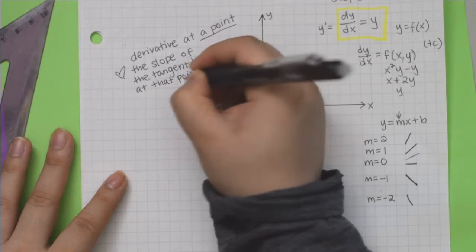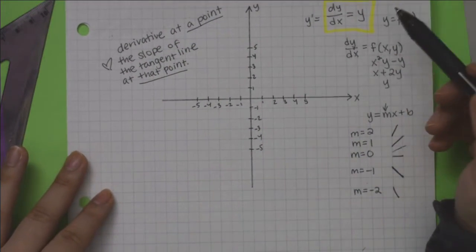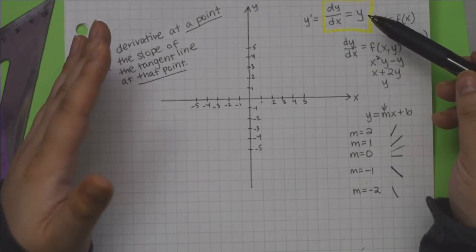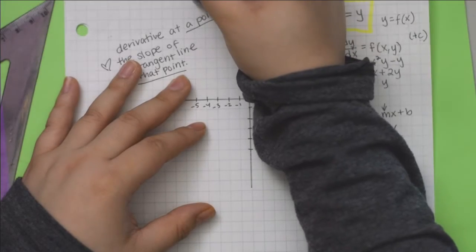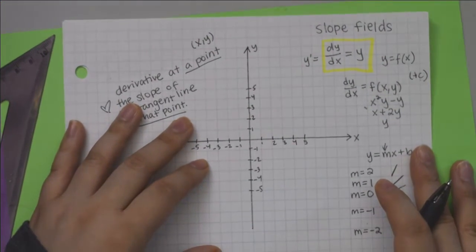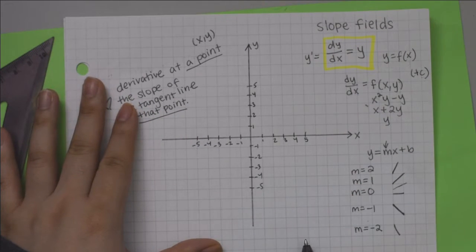Okay? At that point. Okay. So we are talking about the derivative at a particular point, and that point is going to have x and y coordinates.